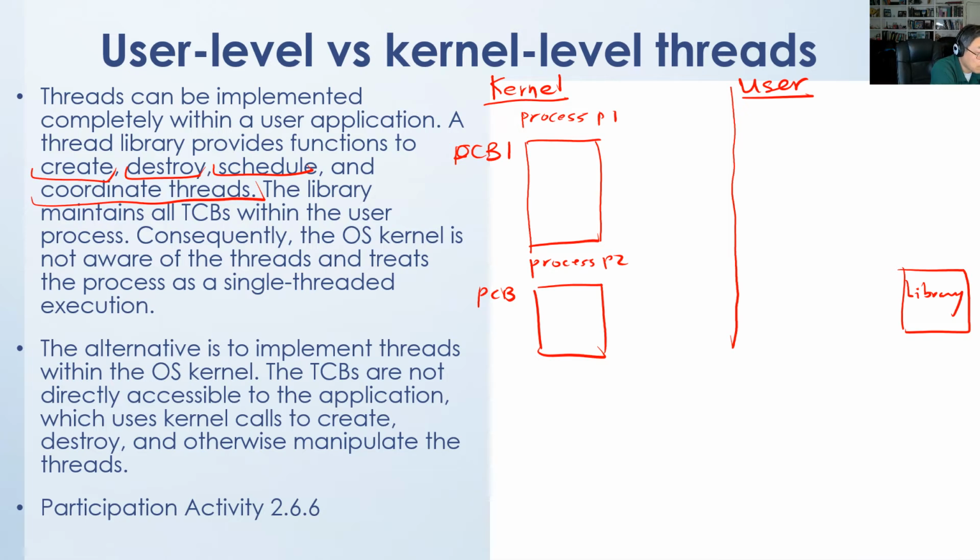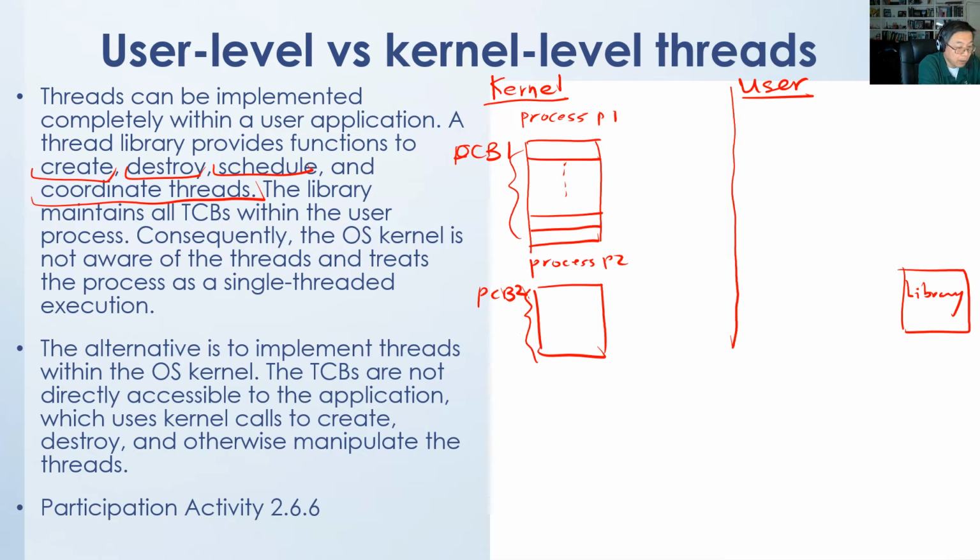The PCB contains a whole bunch of different fields, like CPU state, process state, and other resources, memory. Now that's PCB1 and that's PCB2.